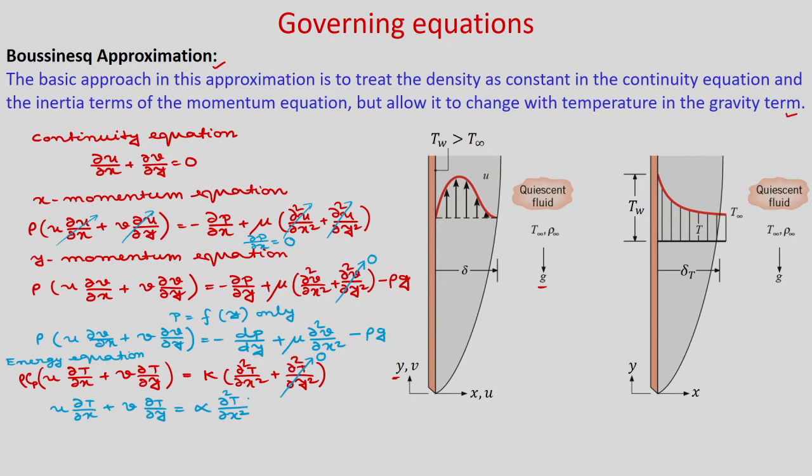So, rho is equal to rho infinity. Invoking the Boussinesq approximation, we will take rho on the left hand side of the y momentum equation as rho infinity, your quiescent medium density. So, you can see this rho infinity. Now we can write down all these boundary layer equations.